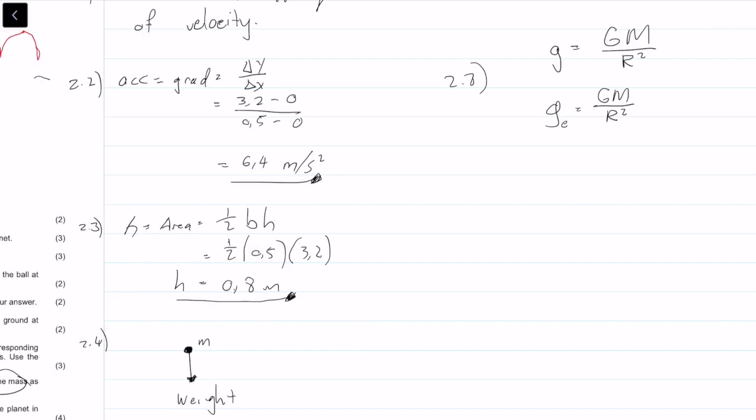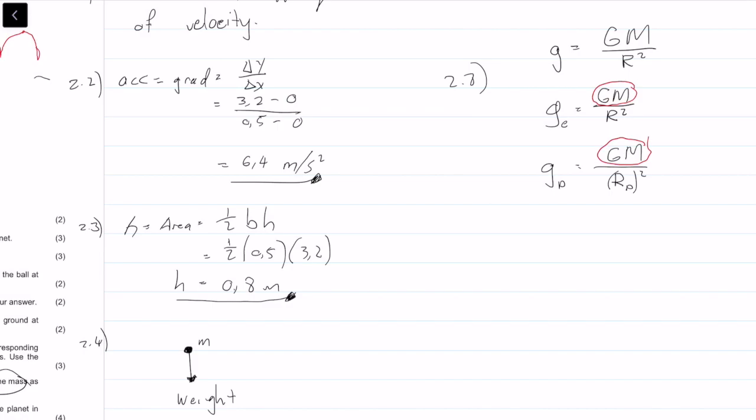But if we do it for g of the planet, the M's are the same, but the planet has a different radius, so we say it's the radius of the planet squared. Now both of these things, G times M, because they have the same mass and G is a constant, the two circled in red are equal.